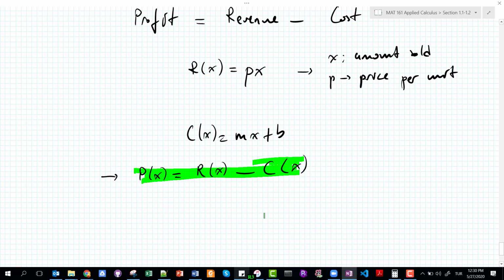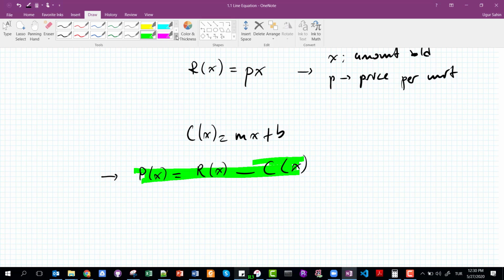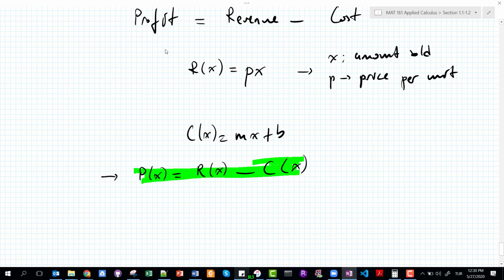What we mean by break-even analysis, guys, is that we need to figure out the exact amount needed to make the profit. First of all, we need to find out when this is going to be 0. If this is 0, there is no profit and no loss; the revenue will be equal to the cost function.